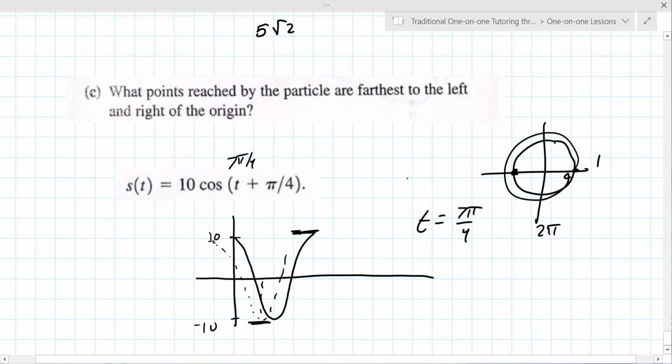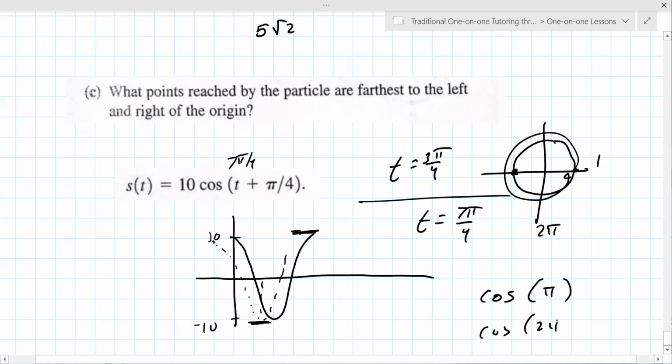So at t equals 3 pi over 4, because 3 pi over 4 plus pi over 4 gets you to pi. It's a little awkward because of the shift, but that gives you the peaks, the furthest right and left. I don't know which way they're calling right or left, but I guess that's right and that's left.